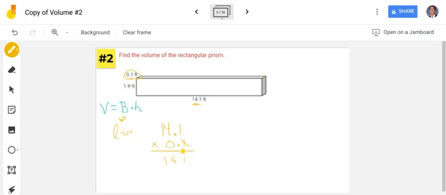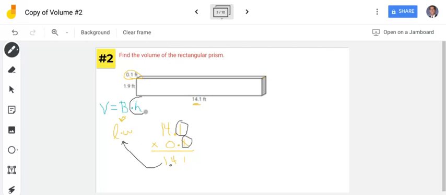Okay, so I've used that one. I don't really need to do a second row because 0 times 1, 0 times 4, and 0 times 1 is all 0. So these are my digits in the answer. And I have how many digits after the decimal? I have 1, 2. So there should be that many after the decimal in my answer. That would be 1.41. So this right here is the area of the base, that is length times width.